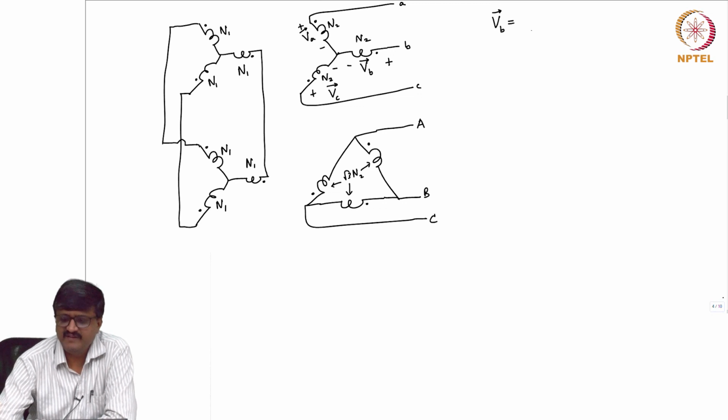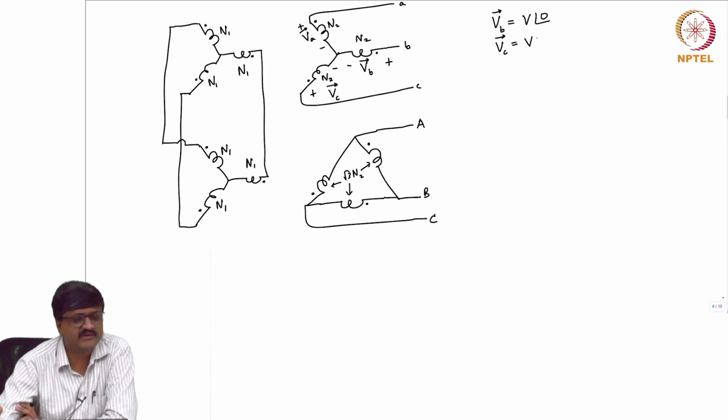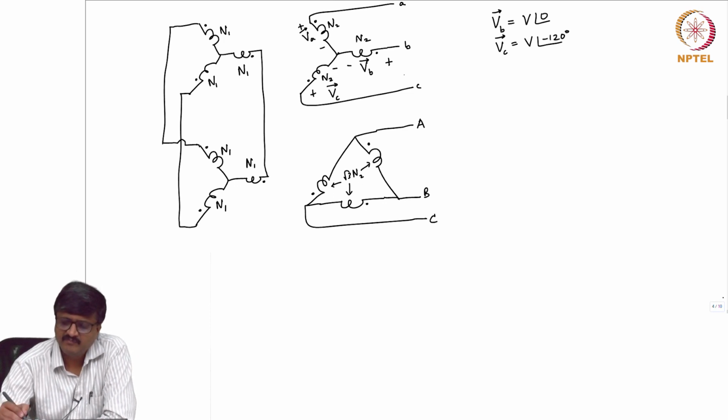So, suppose VB is some V at an angle 0, then VC is the same voltage magnitude at an angle minus 120. If I want the voltage between B and C, by Kirchhoff's voltage law, it is VB minus VC.